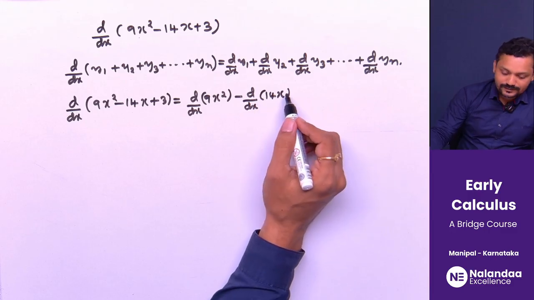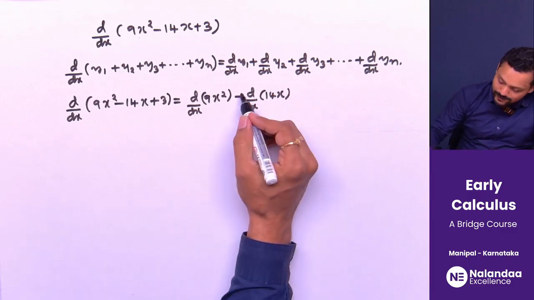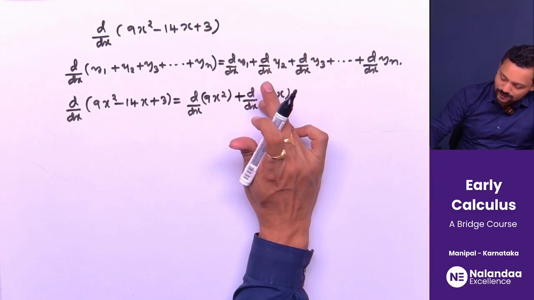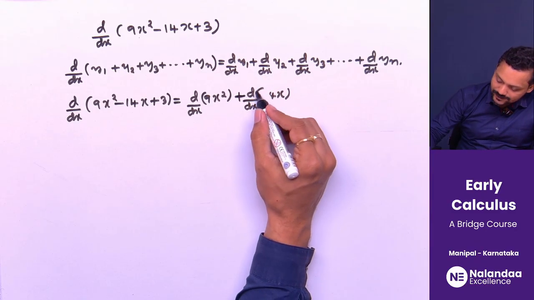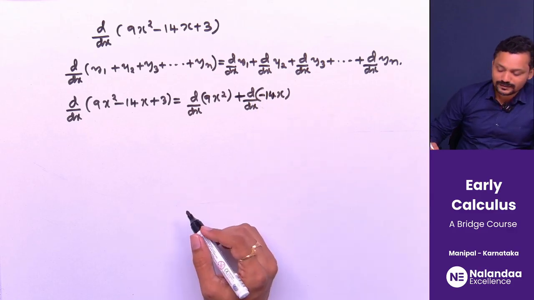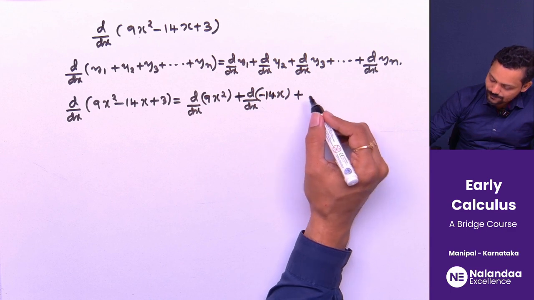You can do it like this, or you can make this plus and write the minus sign inside. So you can also write it as d by dx of minus 14x. So this also can be written plus d by dx of 3.